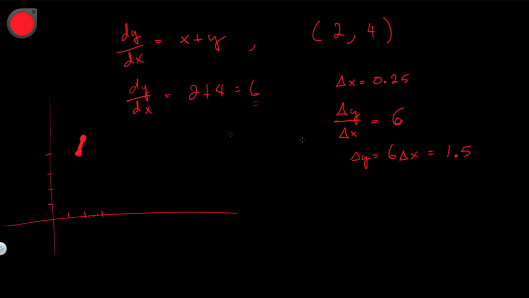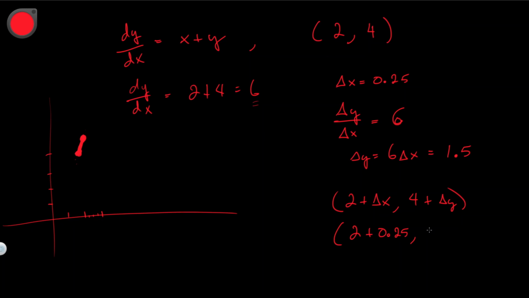What is this new point? Well, it is 2 plus delta x, comma, 4 plus delta y. Delta x was just predetermined. It's our increment. And delta y ended up being 1.5. It's just delta x times the slope.